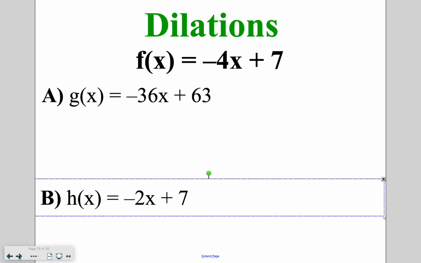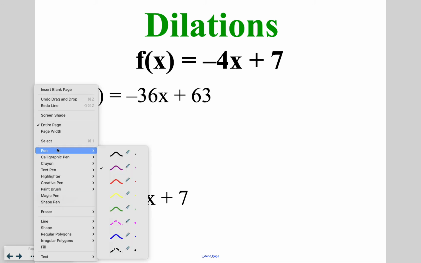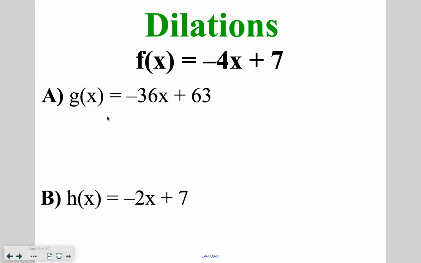So what does that look like when we actually have our examples? Starting with f of x is equal to negative 4x plus 7. In this first example, I've got g of x is equal to negative 36x plus 63. Right away, I notice that both of my values have been multiplied, so I know this is going to be a vertical change.